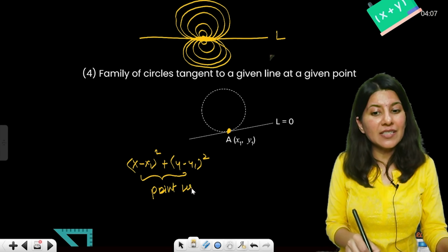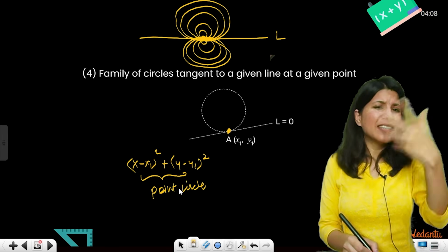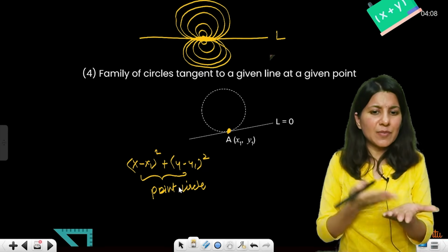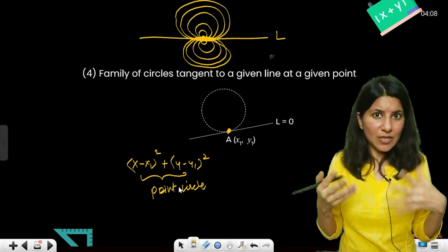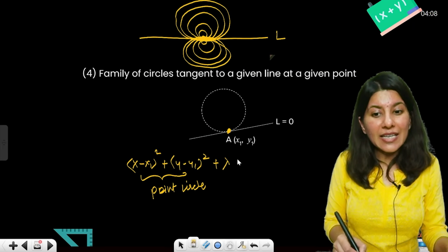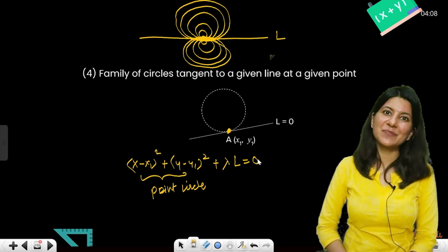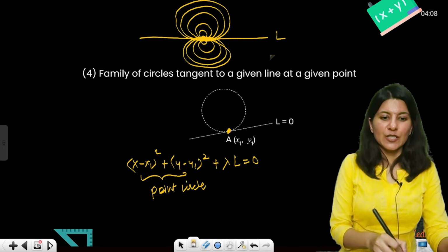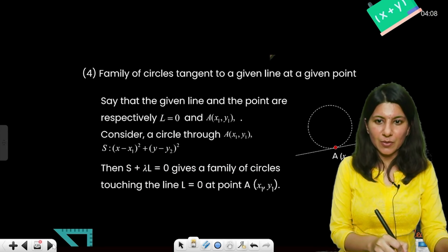Point circle means we don't know the radius basically, or radius is 0. If radius is 0, then x minus x1 square plus y minus y1 square equals to 0, right? So this is point circle plus lambda times equation of tangent equals to 0. That's it, right? So in this case, point circle plus lambda L is equals to 0, okay?